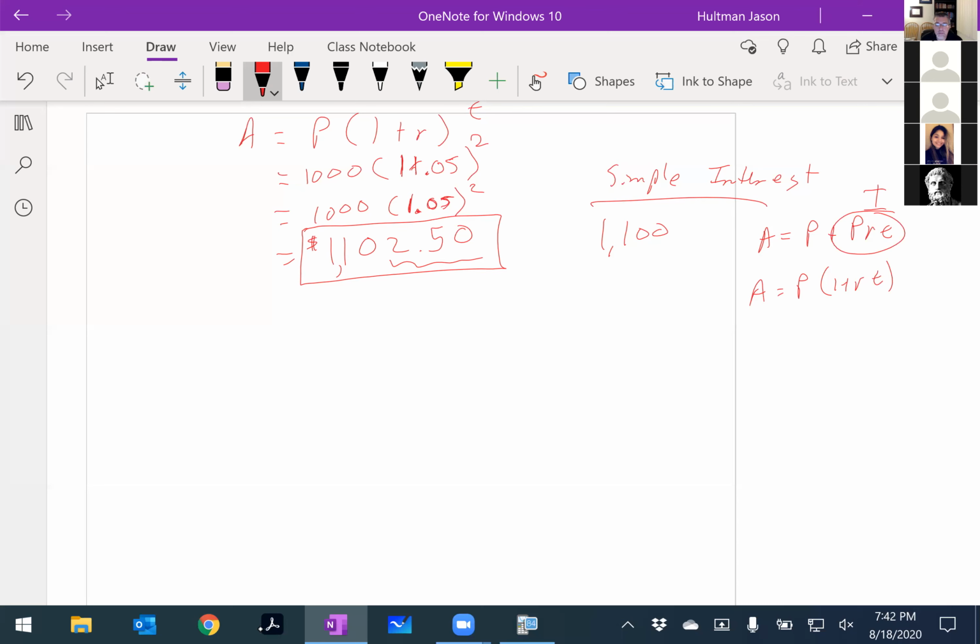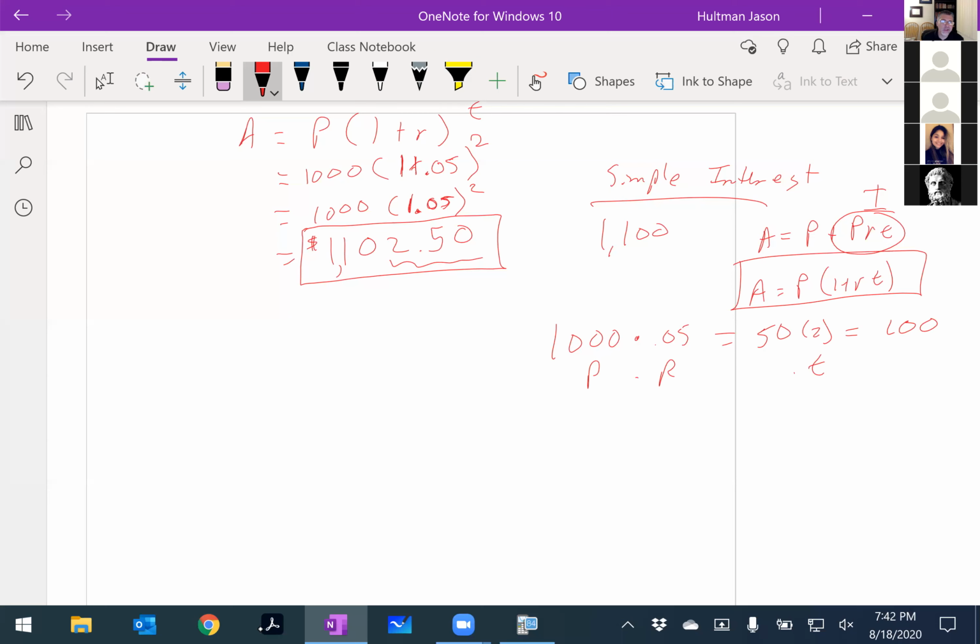If I take my $1,000 and multiply times the 5%, that's 50 bucks. And then I'm going to do that twice. The P times the R times the T is going to give me $100 in interest. And then I would add that to my principal. So this is the simple interest formula.